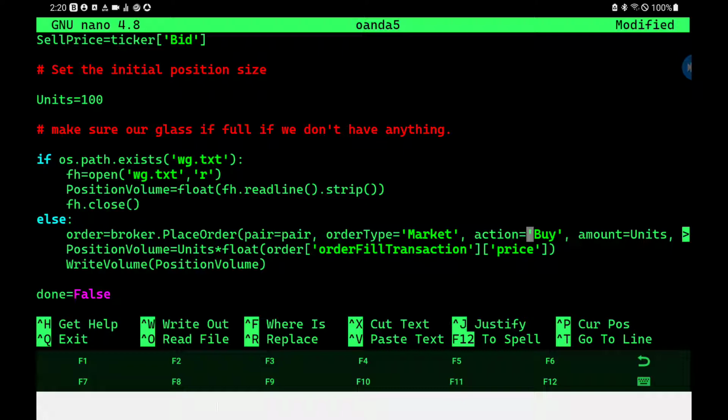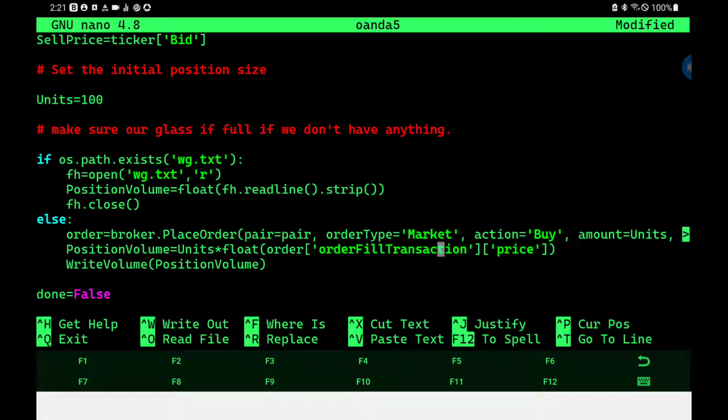If you have no position whatsoever, then you are going to purchase the amount you need. Because this is a market order, you're going to buy 100 units at whatever the current market price is, and that becomes your water glass volume.